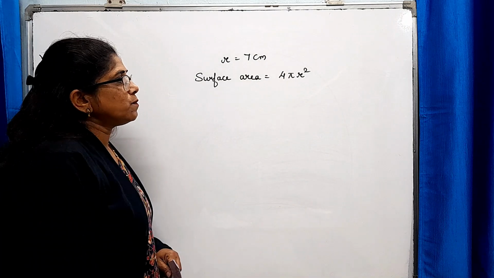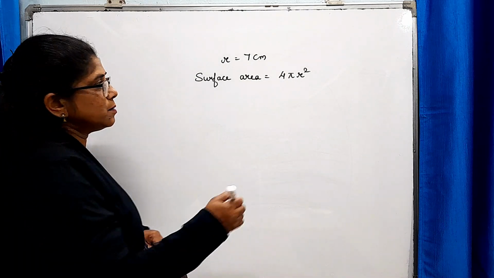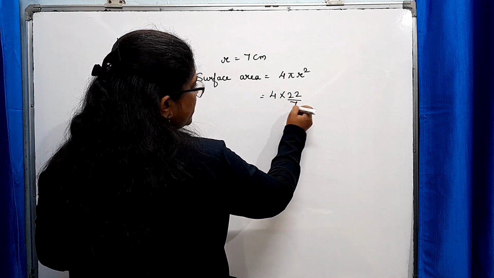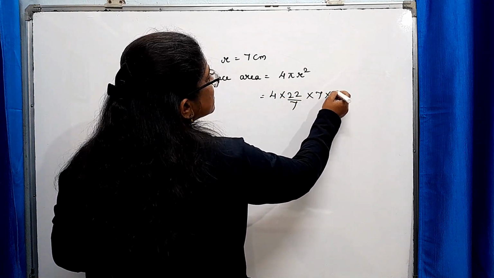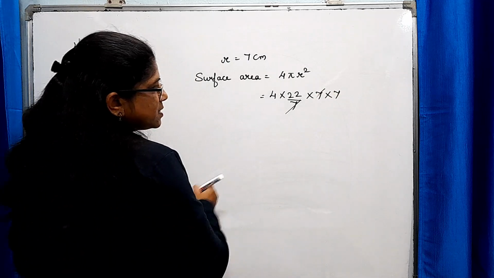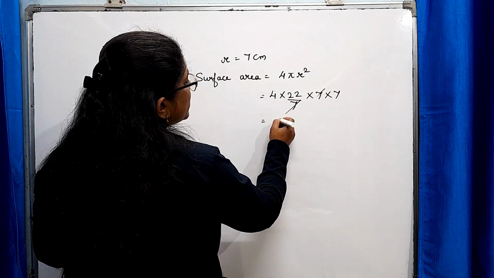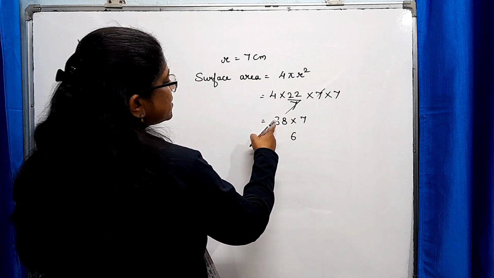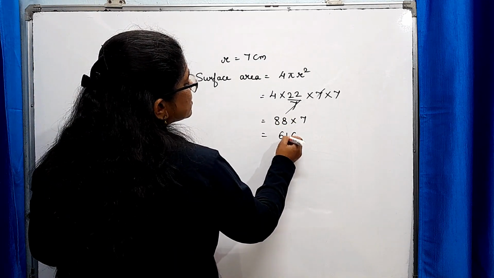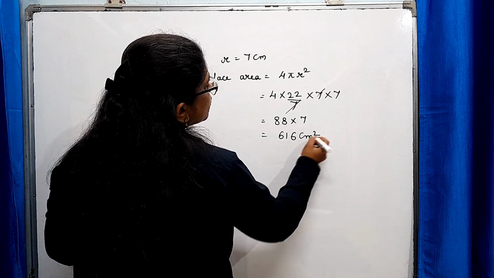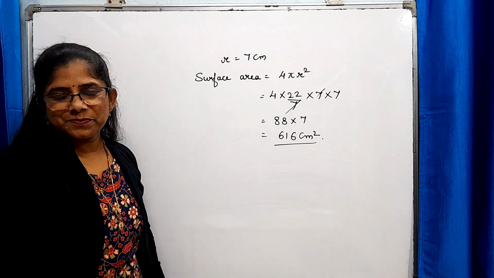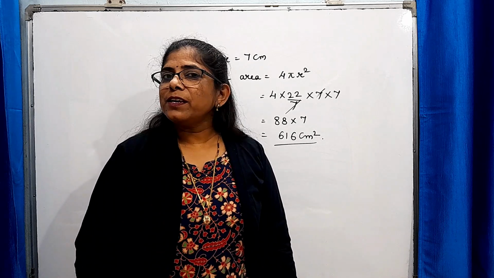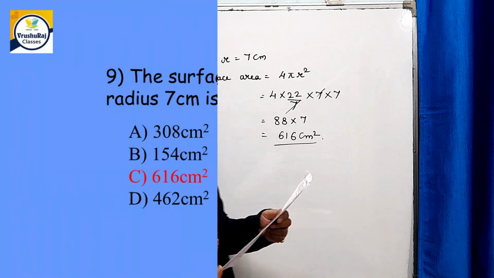Let's solve this. 4 into 22 upon 7 into 7 into 7. 7 cancel. 4 into 22 is 88 into 7. 7 8s are 56. 7 8s are 56 plus 5, 61... so 616 centimeters square is our answer. So if you're perfect in formulas, it's very easy to get the answer.